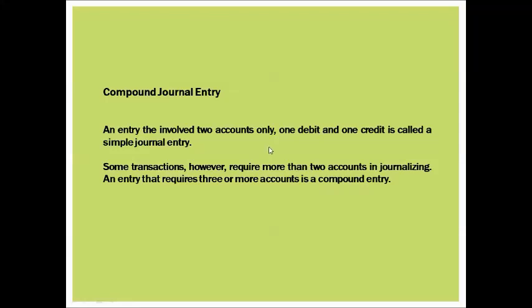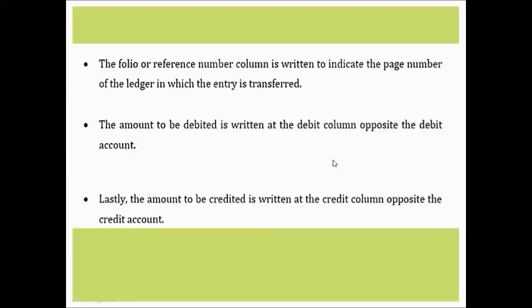Let's say, for example, magde-debit tayo ng isa, dalawang credit, or dalawang debit, isang credit. So as long as may dalawa sa debit or may dalawa sa credit, it is called a compound journal entry.